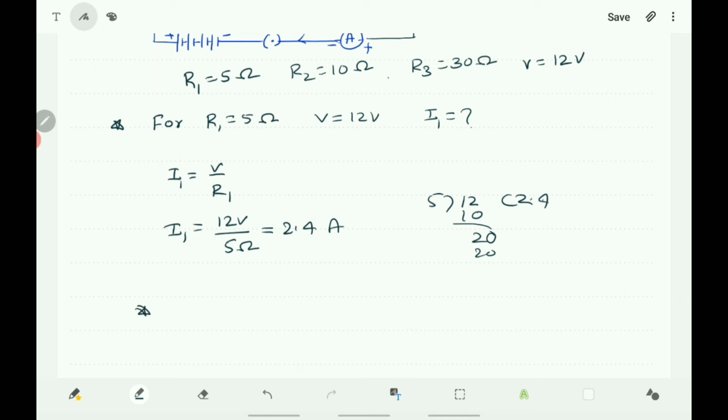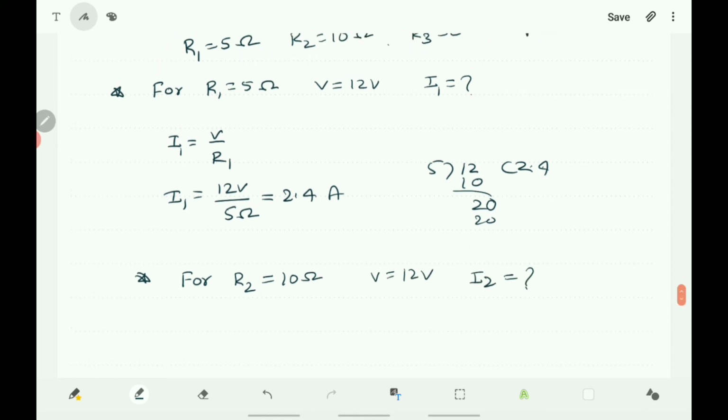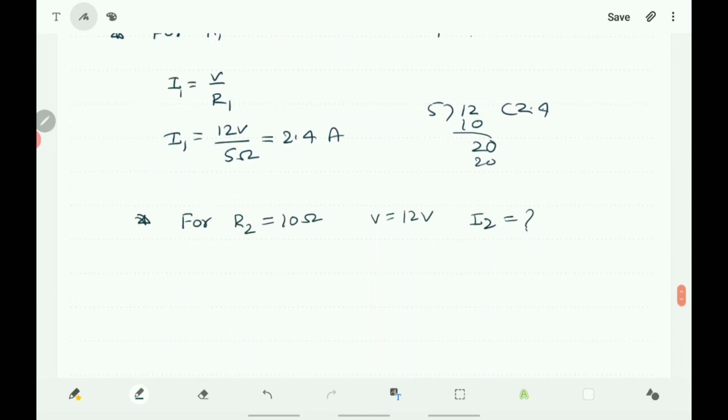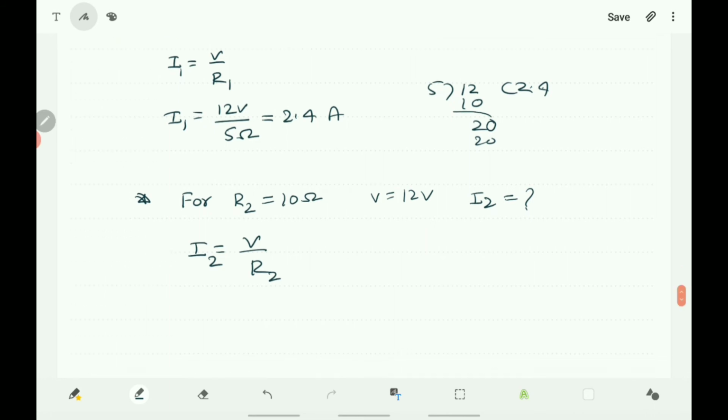Next you take R2. For R2 is equal to 10 ohm and V is the same here, V is 12 V, and next I2 is equal to question mark, that is the current through the second resistor of 10 ohm. Then you write the same formula, I is equal to V by R, that is I2 is equal to V by R2.